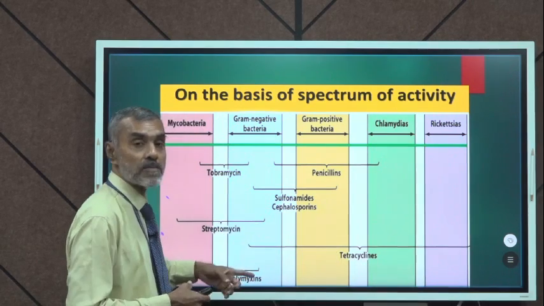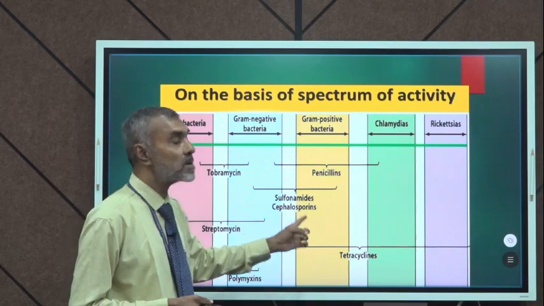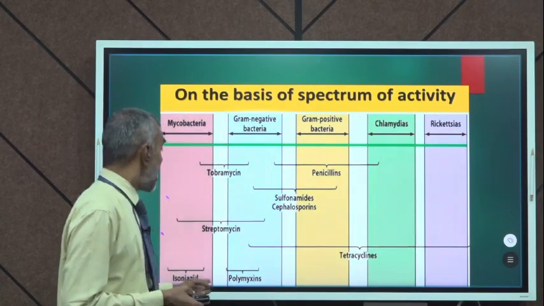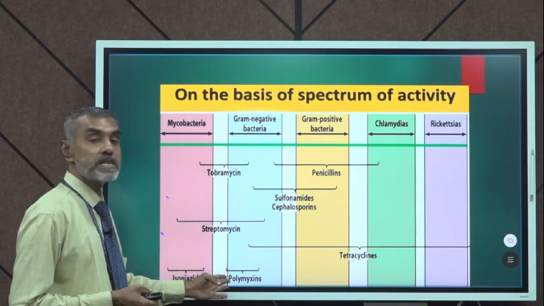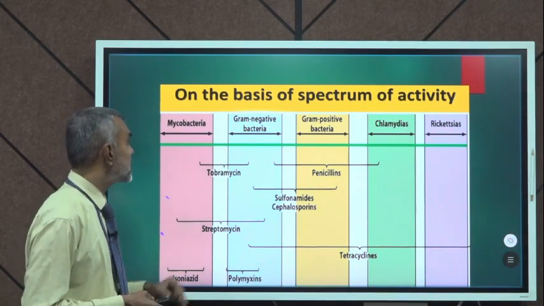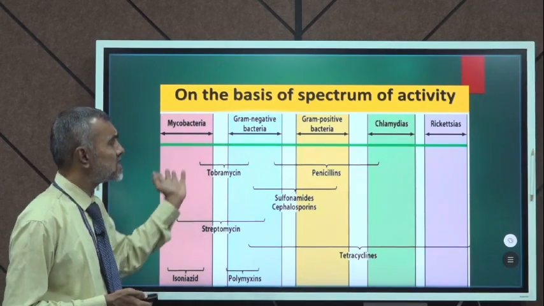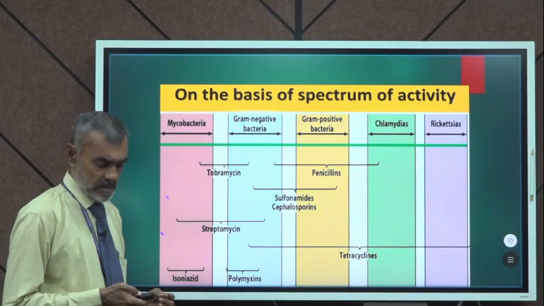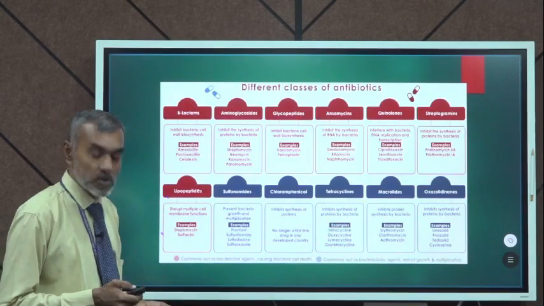They are very broad spectrum antibiotics, they can control gram negative, gram positive, chlamydia as well as rickettsia. And you see the polymyxins, they can control only gram negative bacteria. So, this is the antibiotic activity over microorganisms, as broad spectrum and also narrow spectrum.